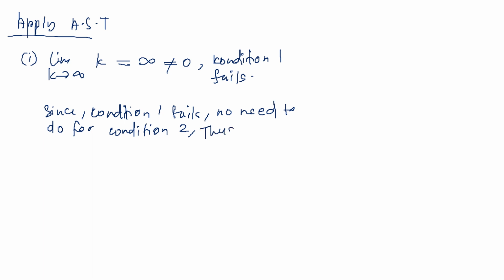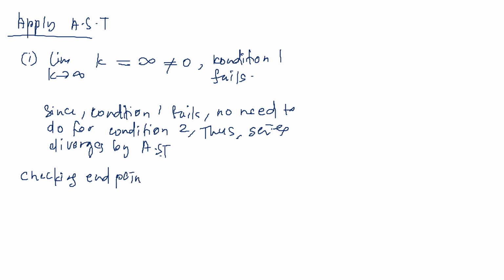Thus, the series diverges by AST. Okay, so proceed. We have to check the endpoint. This one is divergent, meaning that -2 is not included.